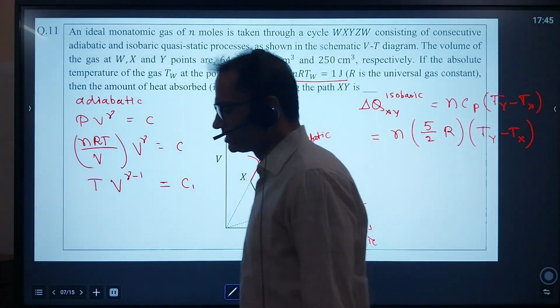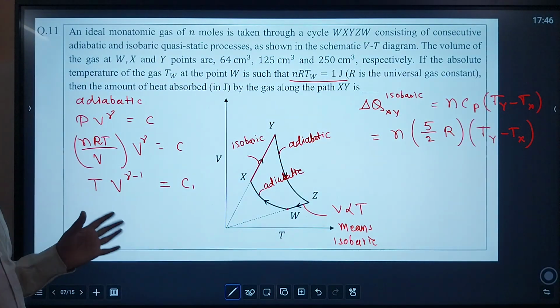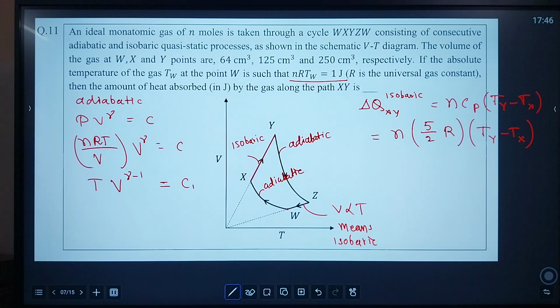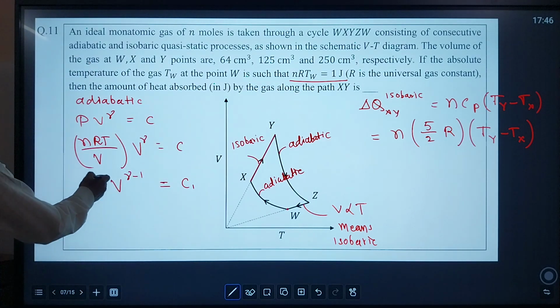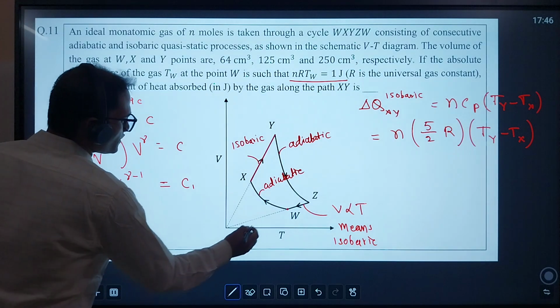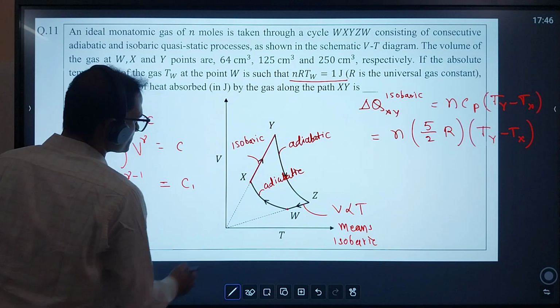So basically we need to find Ty and we need to find Tx, or rather the difference of these two temperatures. So what is Ty? From here we will not do it. Let us go from x and find Tx.